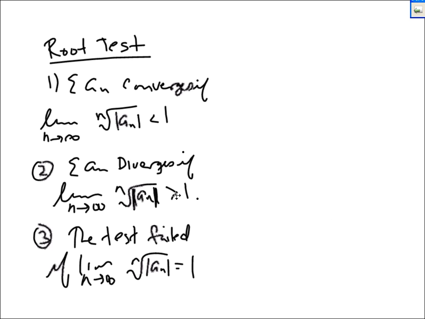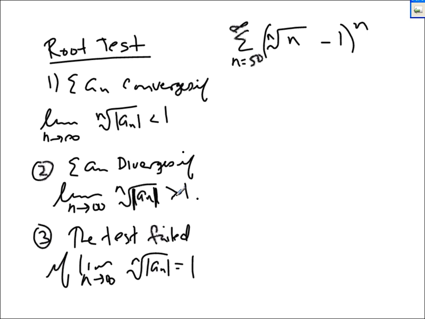Let us try another one. You can pause the video and work it out before I do. Suppose you have the nth root of n, take away 1, to the nth power, and you have the summation of n goes from 50 to infinity.